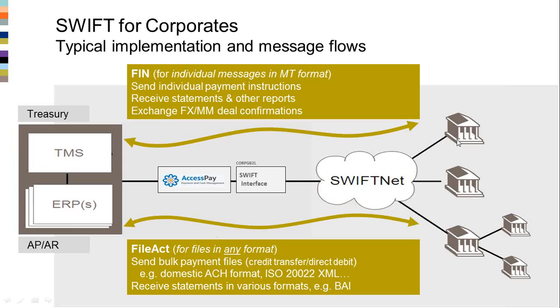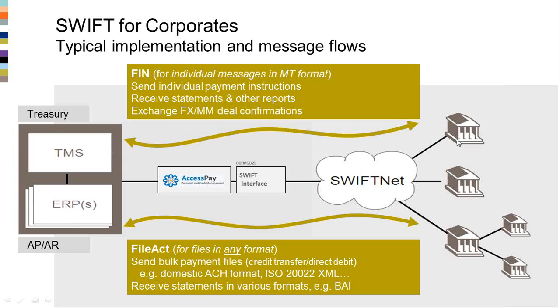So corporates will have a variety of different systems in their back offices. And then what the AccessPay solution provides is a very neat payment approvals and authorization capability, as well as a cash management dashboard that can often be useful to complement or enhance the capabilities of the current back office systems.